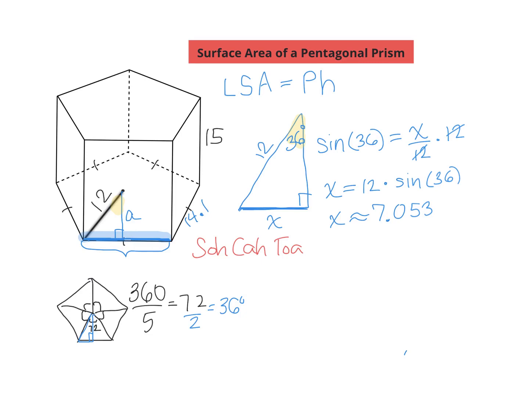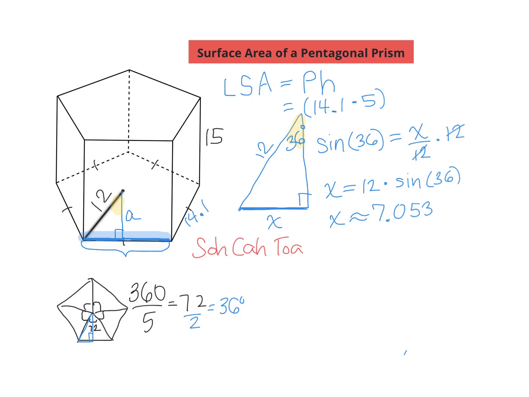All right, so now, what was our goal? We wanted to find out what the perimeter was on my base, right? So my perimeter is going to be 14.1, since that's one side of the pentagon, times 5, since I have 5 sides on my pentagon.